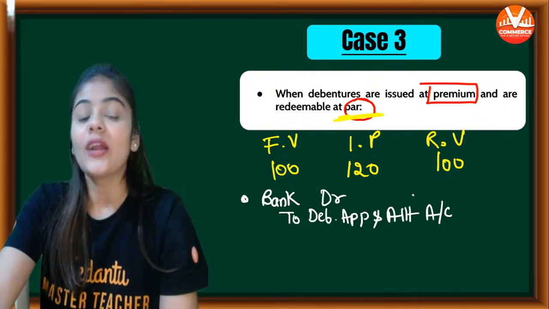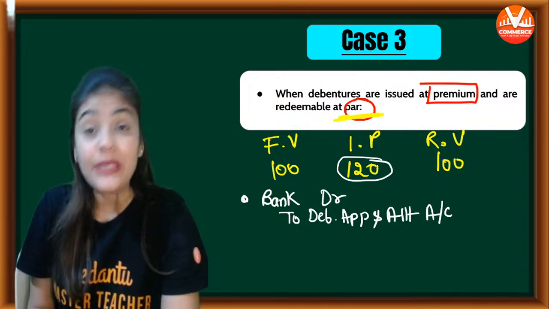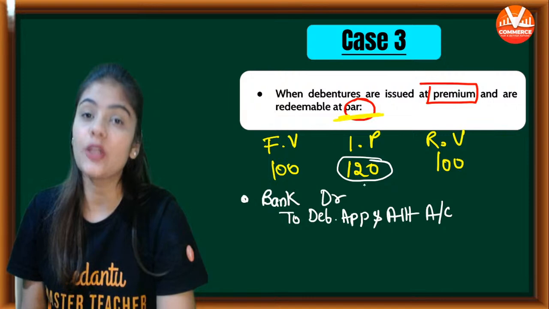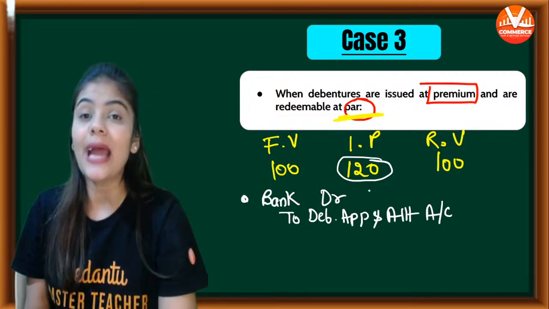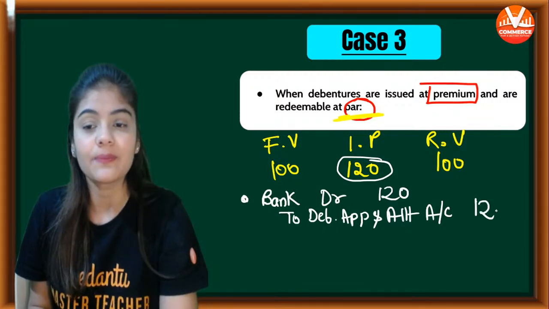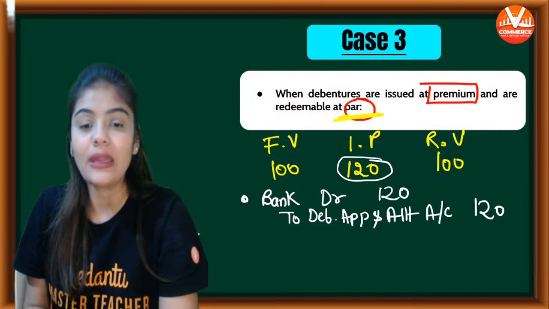So, on application, we will be getting 120 rupees because the debentures are issued for 120, and I told you that in first entry, we will record the issue price. So, on application, we will receive 120.